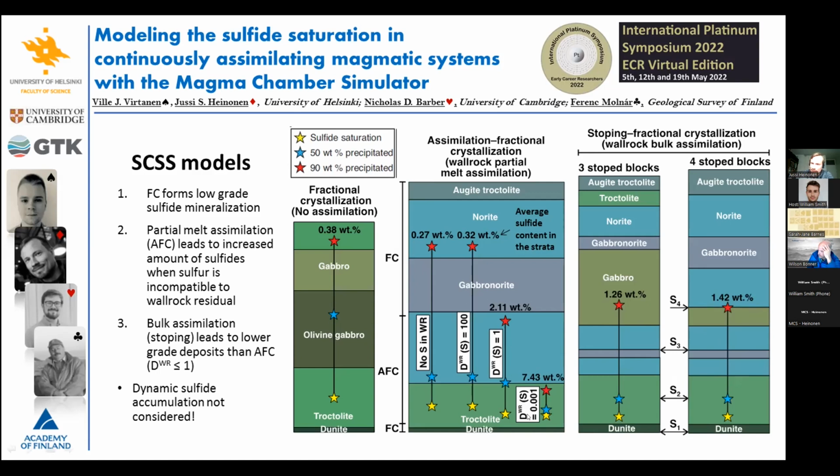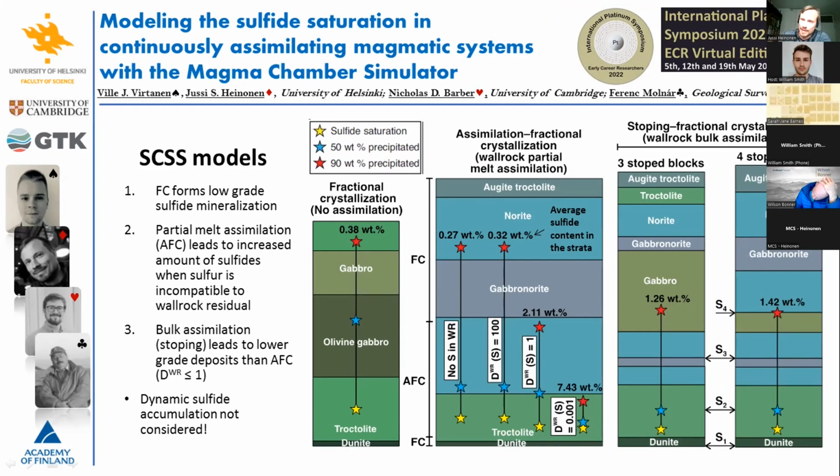But especially if sulfur is highly incompatible, even enriched by fluids or very early melts in the system, that's the way that we get these high amounts of sulfide deposits in these quite thin layers of these intrusions. So that's the way to go, we think.